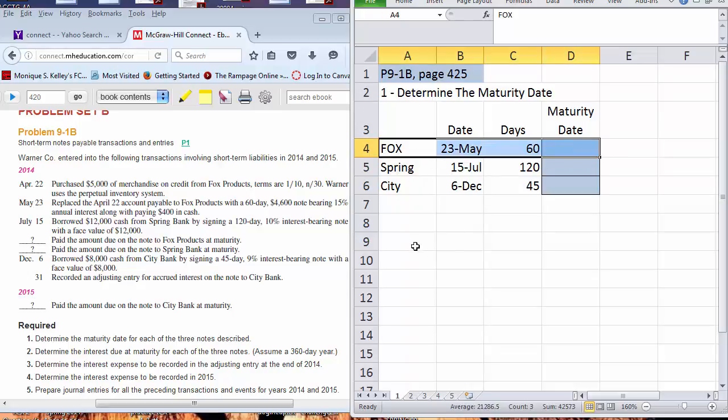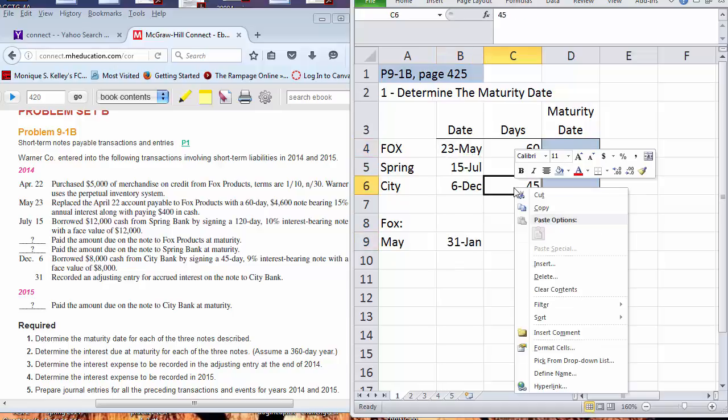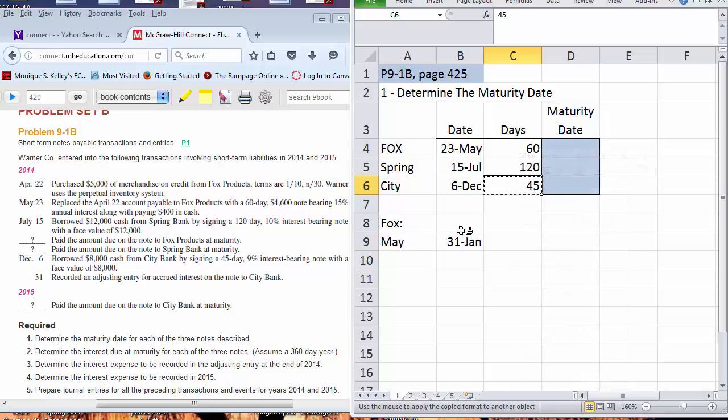So for Fox, we're first going to look at the month of May. The month of May has 31 days, and since we signed it on the 23rd, we subtract our 23.